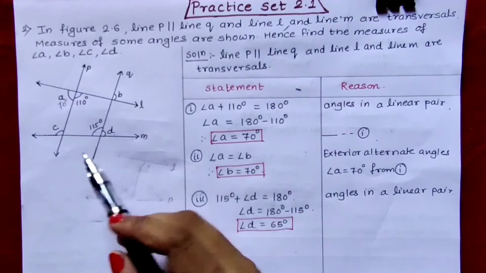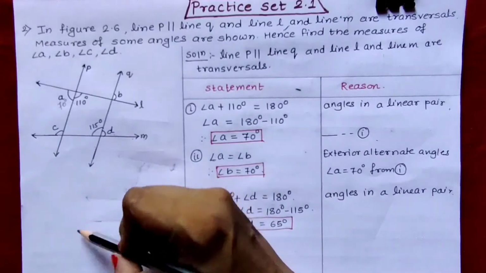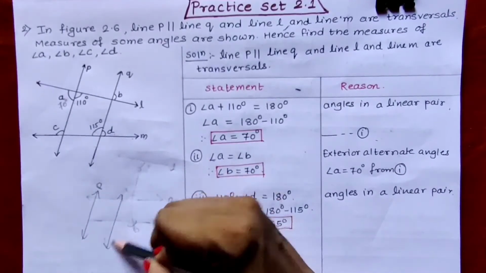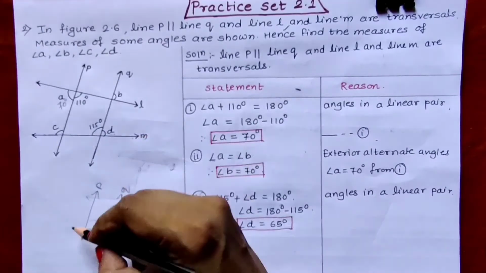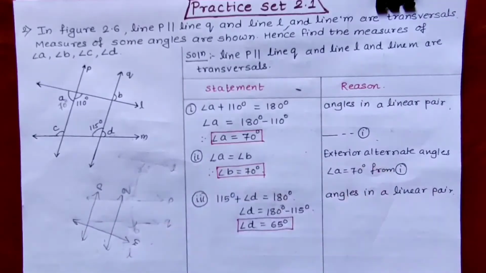Now when you observe these two lines, line P and line Q again, I will be drawing line P here, line Q here, and its transversal, line M. Line M is the transversal line.